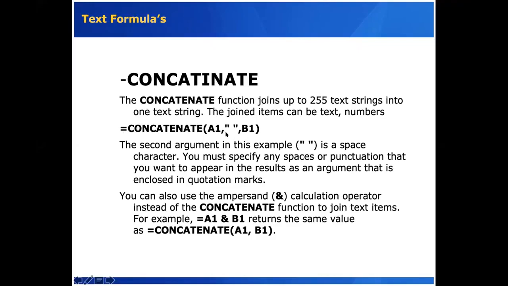For example, between two things, if I want to put a blank, I can use it like this, or I can use an ampersand sign. Let me show it to you. So you have CONCATENATE as a function.